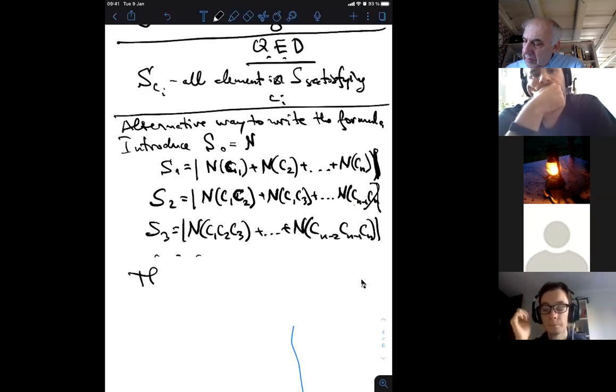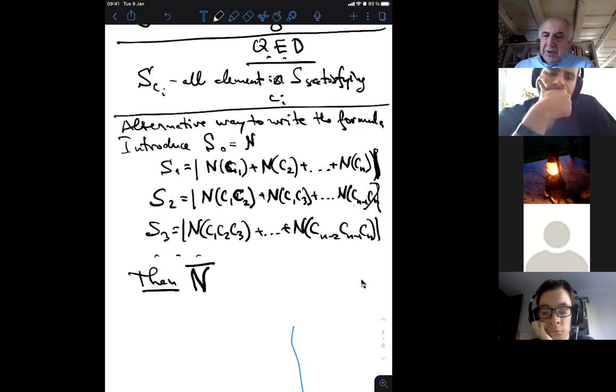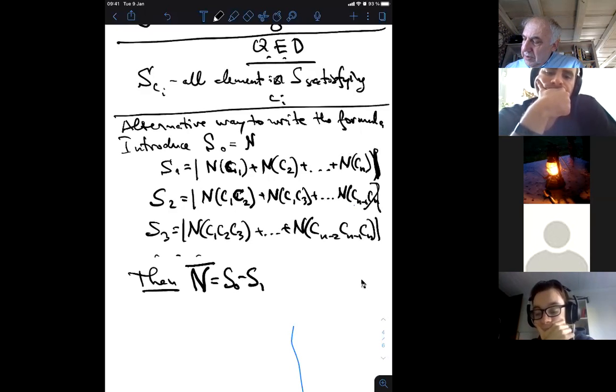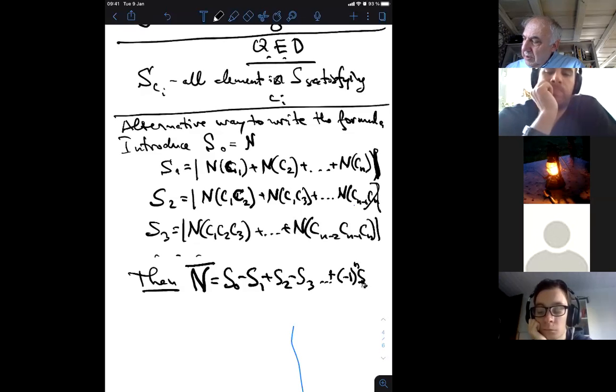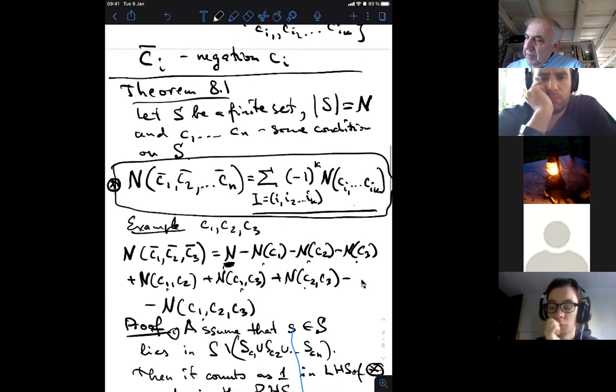Now what we're counting, the number of elements which do not satisfy any of these conditions, would be S0 minus S1 plus S2 minus S3, and so on, minus 1 power n, Sn. You probably recognize this formula from our example in the beginning.